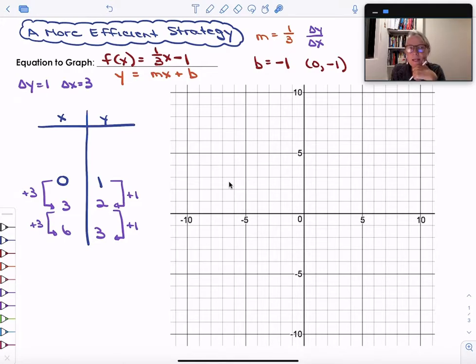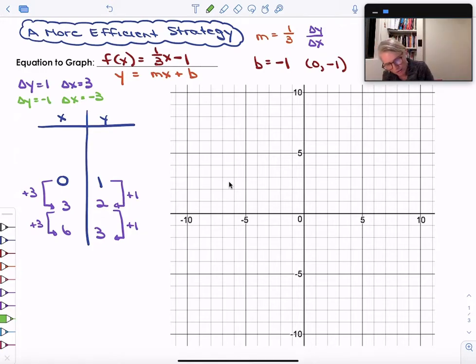Now the interesting thing is, to get a positive slope, my change in y and change in x have to both be positive, or my change in y and change in x can both be negative. So another way to think about this is my change in y is -1, and my change in x is -3. So I'm now going to go the other way in the table.